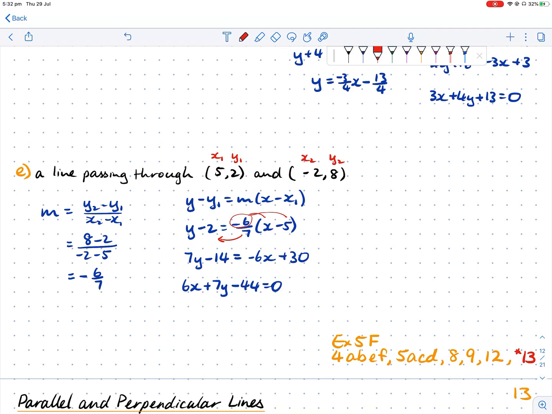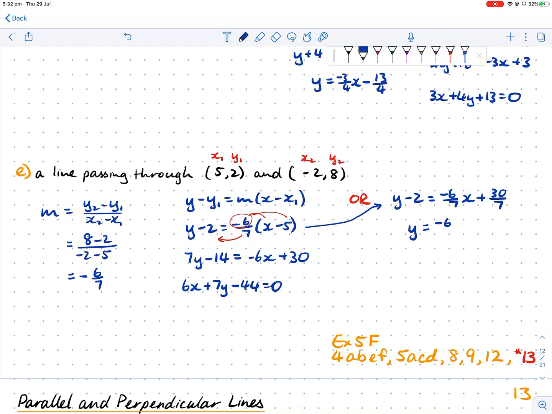If you don't like using general form, we can change that to gradient intercept form. So from that step, we're going to do y minus 2 equals minus 6 over 7x plus 30 over 7. So what I've done is I've expanded that fraction into the bracket, and then we need to add the 2 across.